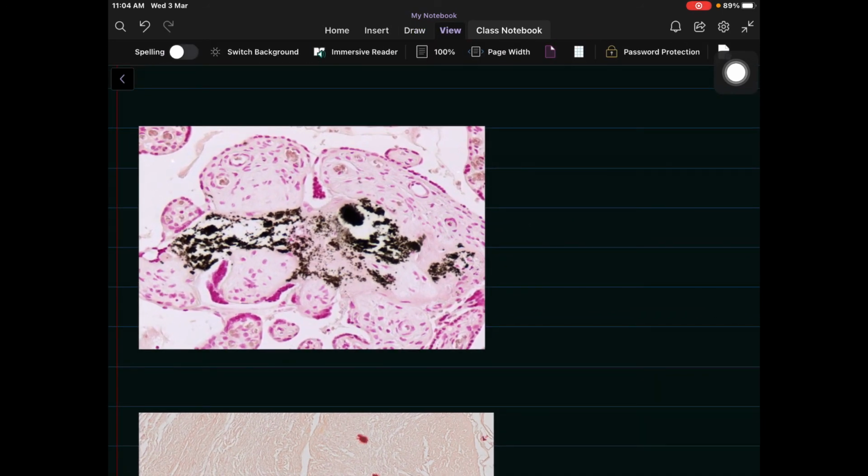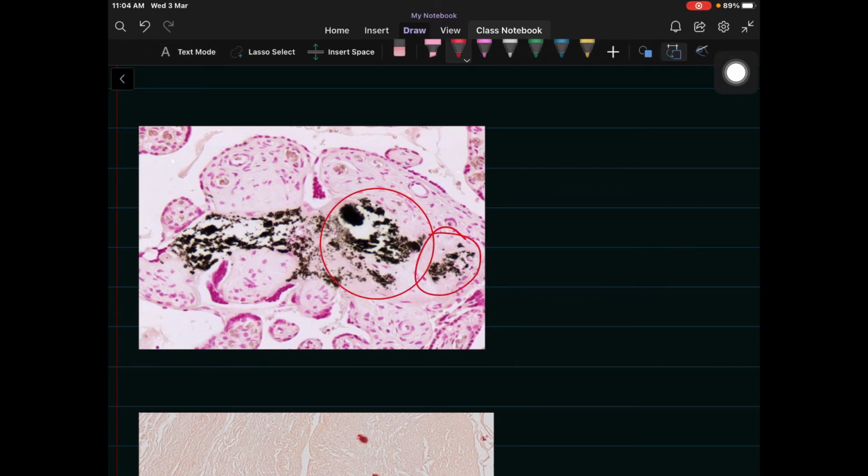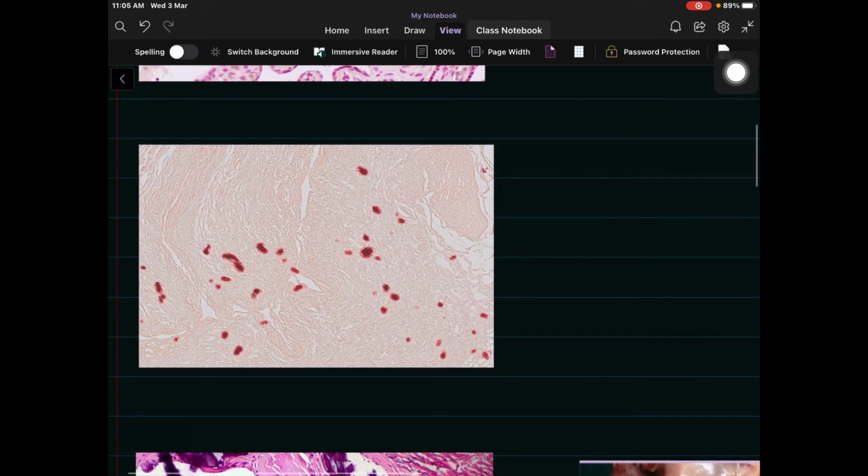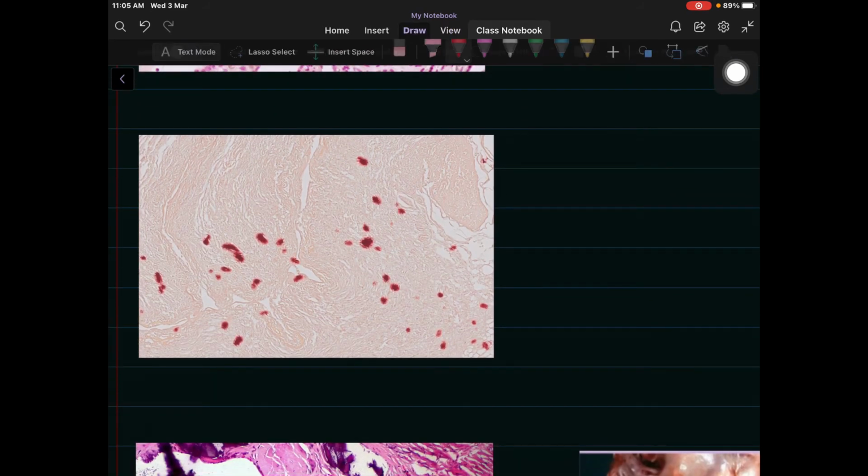So first, as we discussed about the calcium staining, that is with the von Kossa, we know that when the calcium is stained with the von Kossa, it will give a blackish appearance. So the black appearance here is due to the von Kossa stain for the calcium.